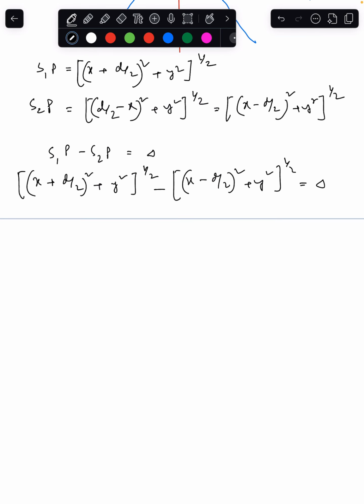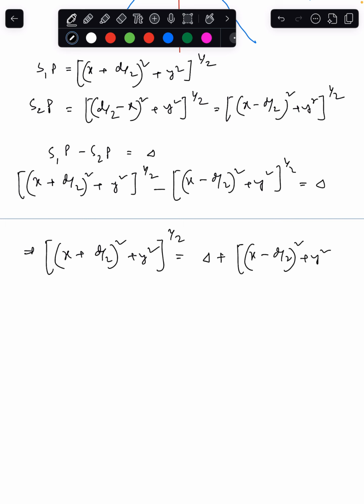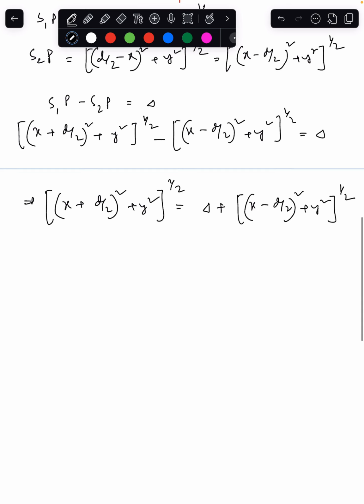Watch out for the mathematics very carefully. Every step I will try to explain in detailed mathematical calculations. So please watch out. Here (x plus d by 2) whole square plus y square, to the power half, is equal to delta plus, in brackets, (x minus d by 2) whole square plus y square, whole to the power half, right? This is what we are getting.